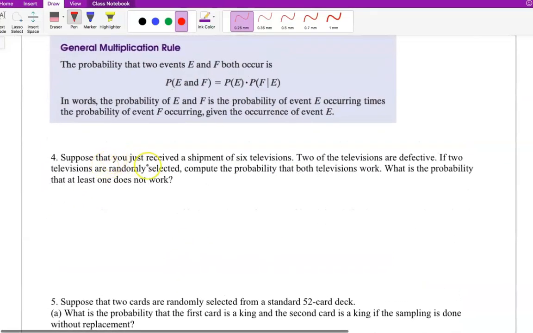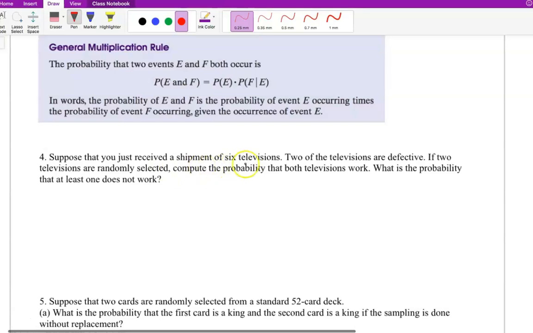Now example number 4: suppose that you just received a shipment of 6 televisions, and 2 of the televisions are defective. If 2 televisions are randomly selected, compute the probability that both televisions work. What is the probability that at least one doesn't work?